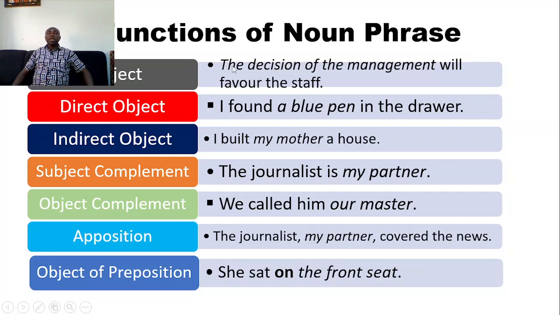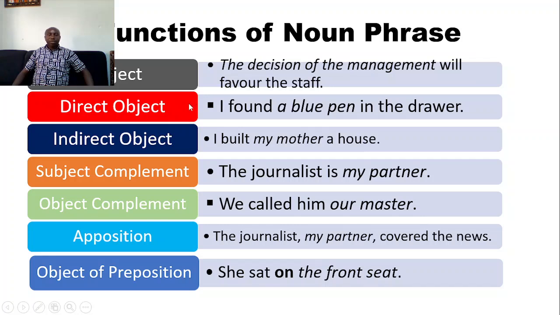The example here: the decision of the management will favor the staff. In that place, the decision of the management is the subject, and that subject by nature is a phrase, which is a noun phrase. The second function is direct object.